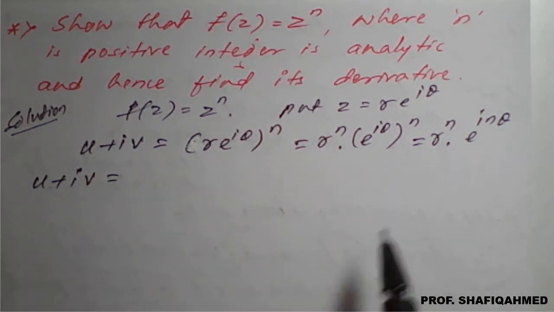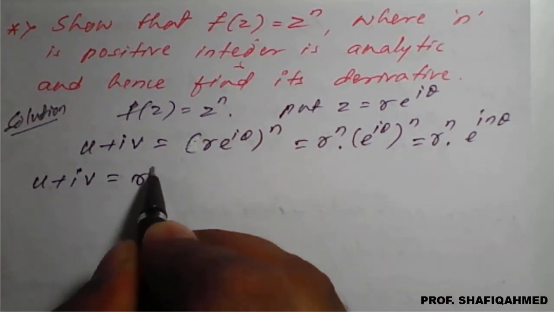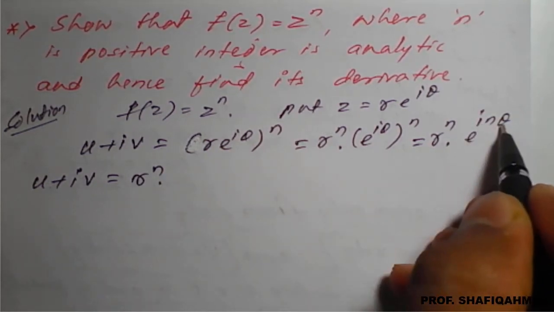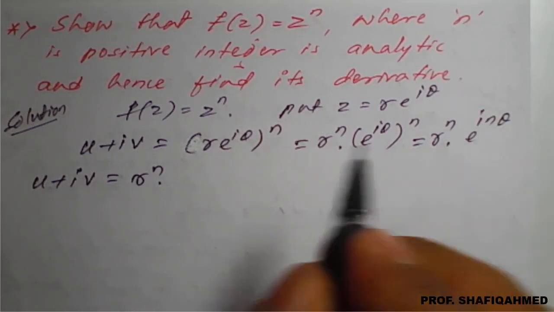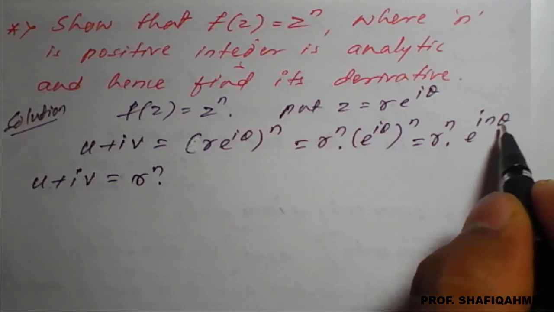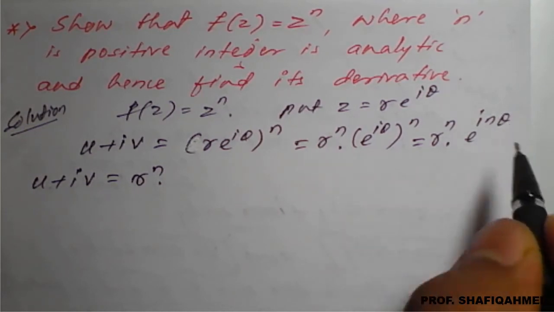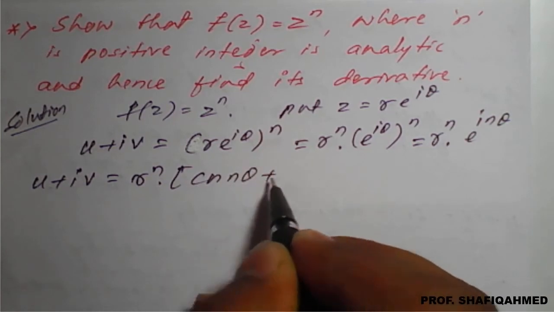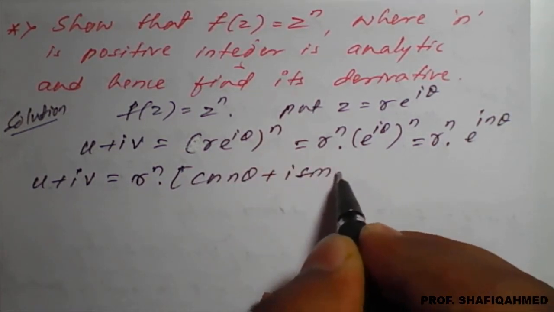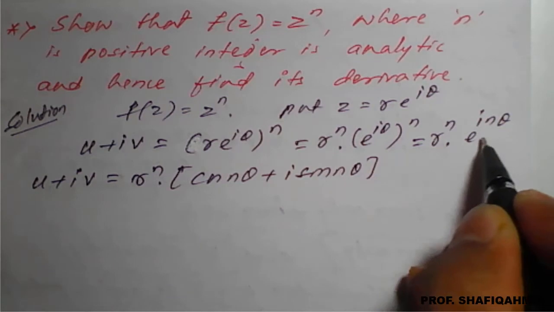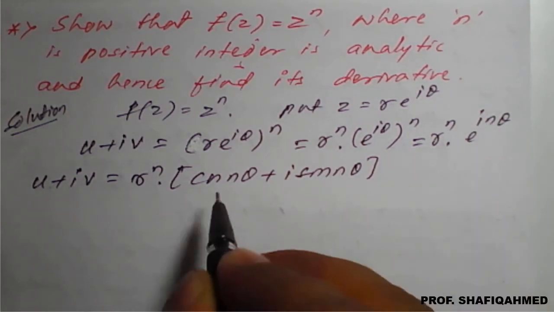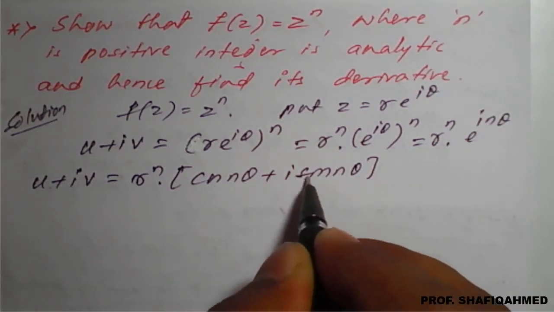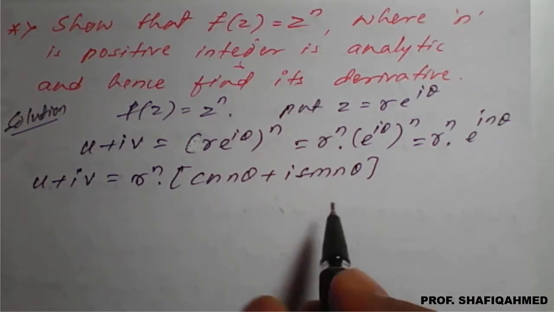So u plus iv is equal to r raised to n as it is, e raised to i n theta. We need to write a complex number for this, in e raised to ix form, where x is n theta here. So it is cos of n theta plus i times sine n theta. This expansion of e raised to i n theta is very important.